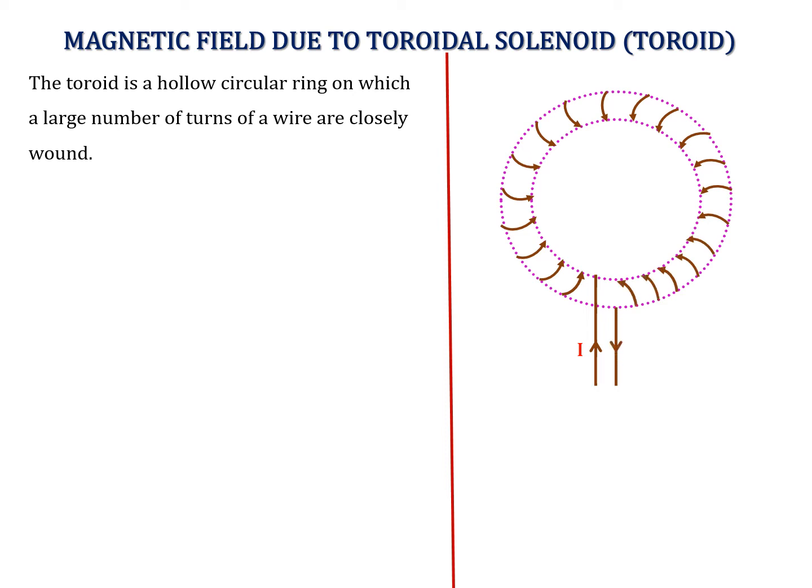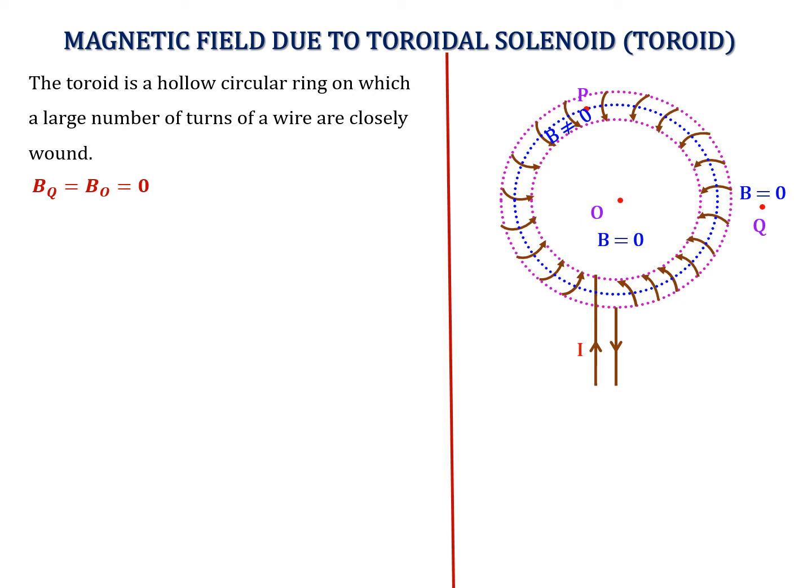The magnetic field outside the toroid, that is at any point Q, is always 0. Also, the magnetic field in the empty region bounded by the toroid is 0. Field will exist only in the core of the toroid. If we take any point P in the core of the toroid, here the magnetic field is not 0.